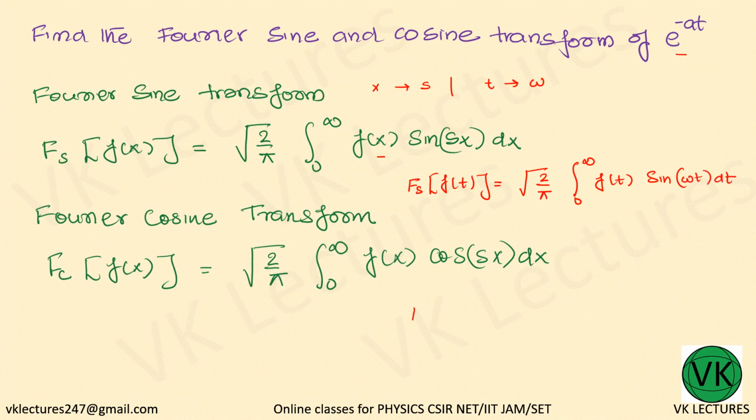Similarly, the cosine transform will be Fc of f of t equal to root of 2 by pi integral from 0 to infinity f of t, instead of sin omega t we have cos omega t dt. So these two are the formulas that we need to use for this question.